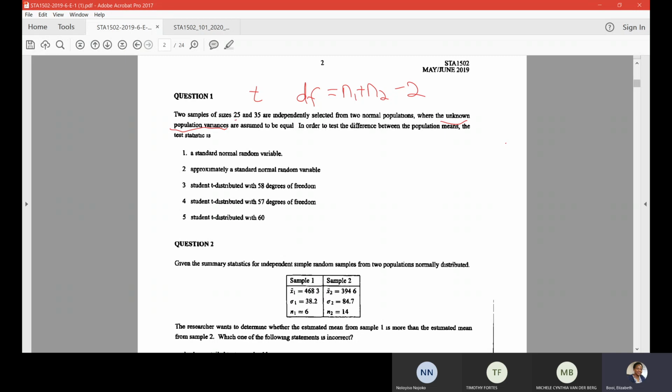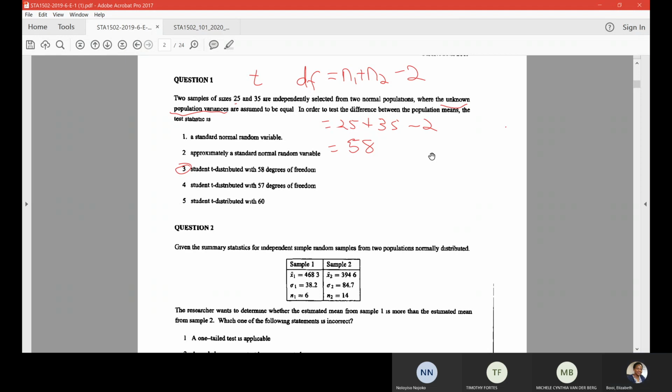Our N1 is 25 plus 35 minus 2. The answer here is 60 minus 2, which is 58. And that is why 3 is the right one.